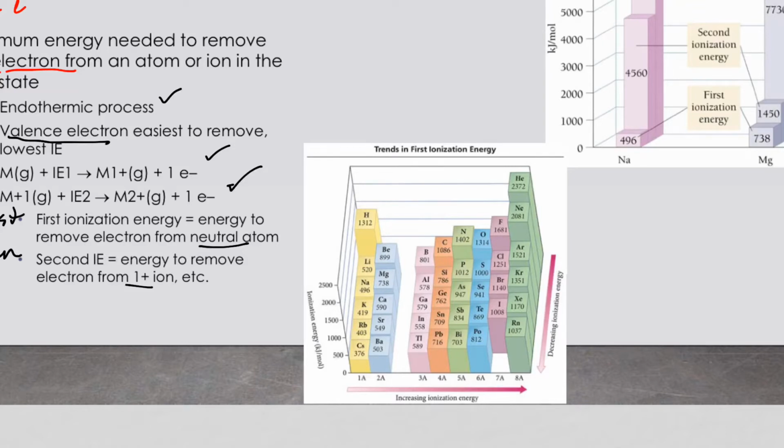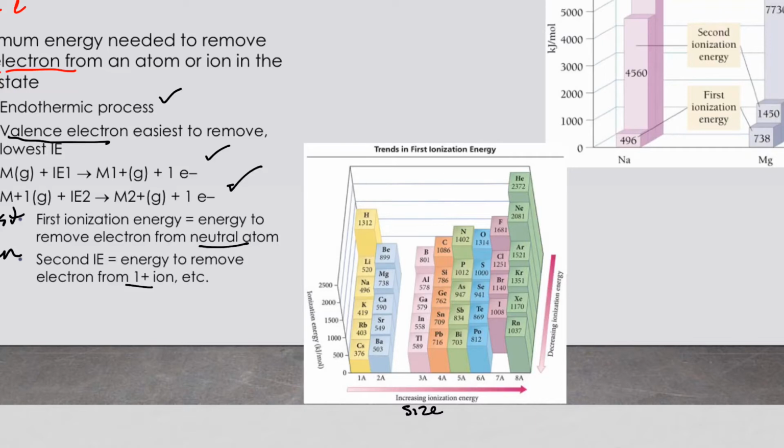Now, why is that? Well, basically, it's size. And we'll talk a little bit more about this on the next slide. But remember, the atoms are getting smaller, the electrons are held more tightly, it's going to be harder to remove it. If you look at the trends going down, you see the ionization energies get smaller as you go down.